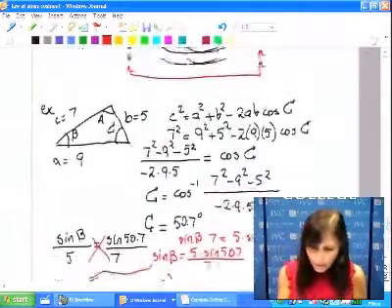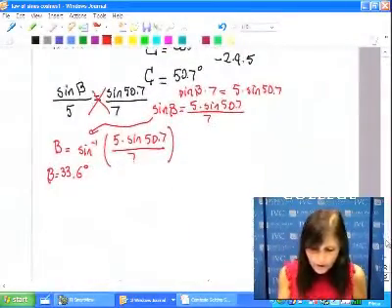And you can get the third angle by subtracting.